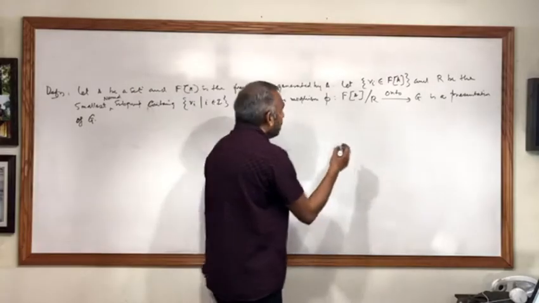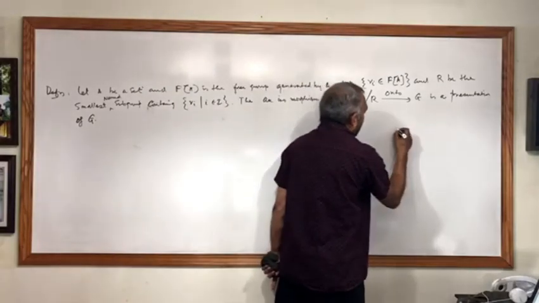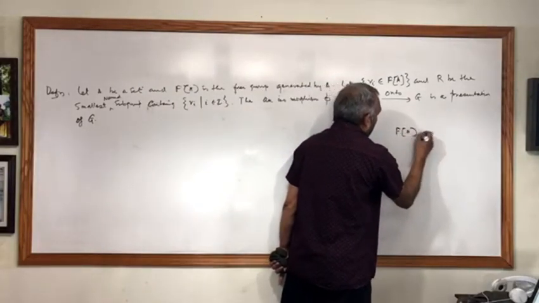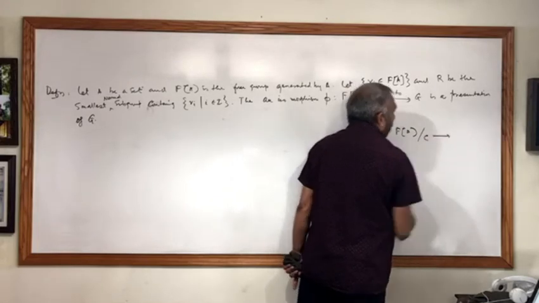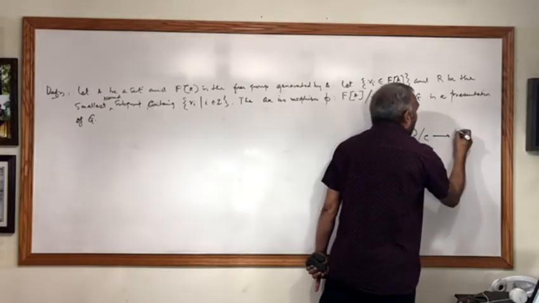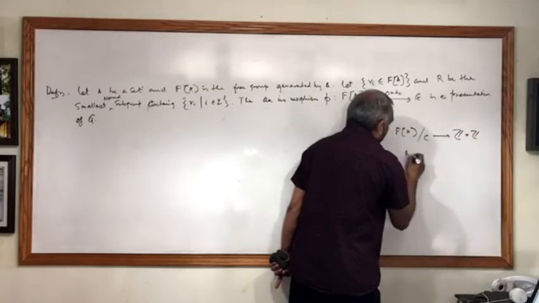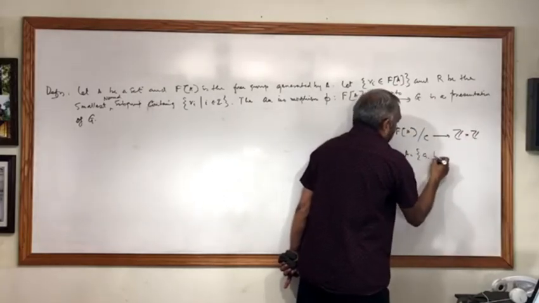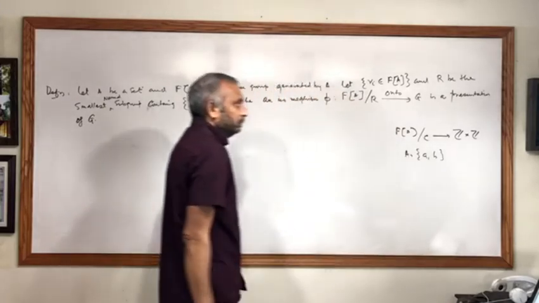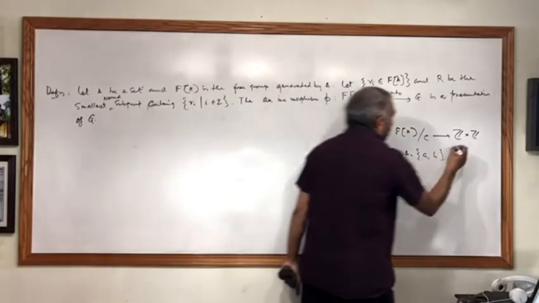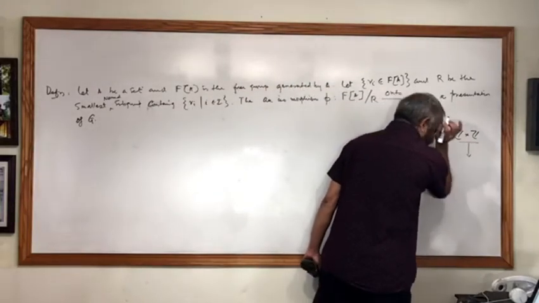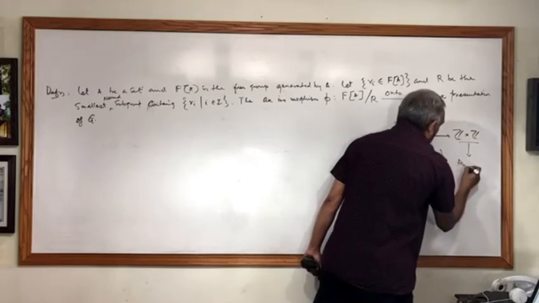For example, in our case, in the earlier case, f of A over C is isomorphic to, here it will be C cross C if A is equal to AB, contains 2 elements. So this is our G. This is actually our free abelian group.